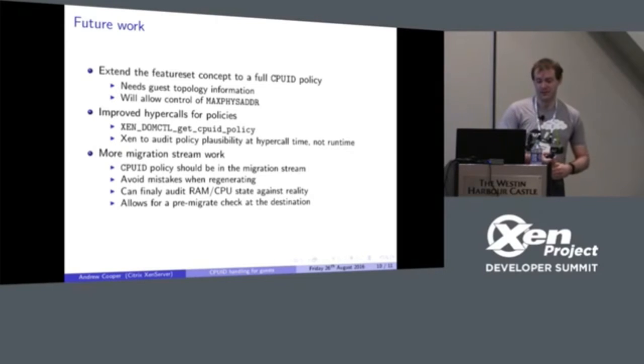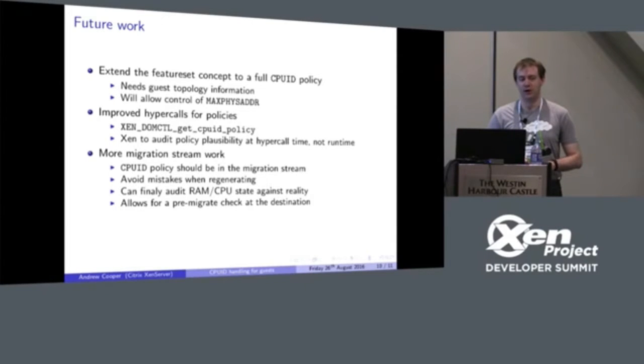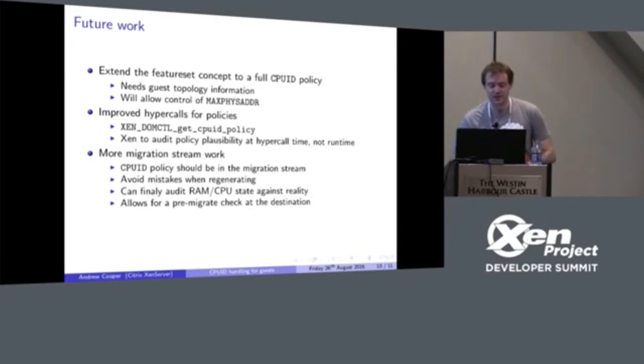So in particular, this tends to manifest itself via the first TLB flush breaking after resume, where you've got a write of CR3 and a write of CR4, because that is the first point that Xen actually has the real CPU policy to audit the control register against.